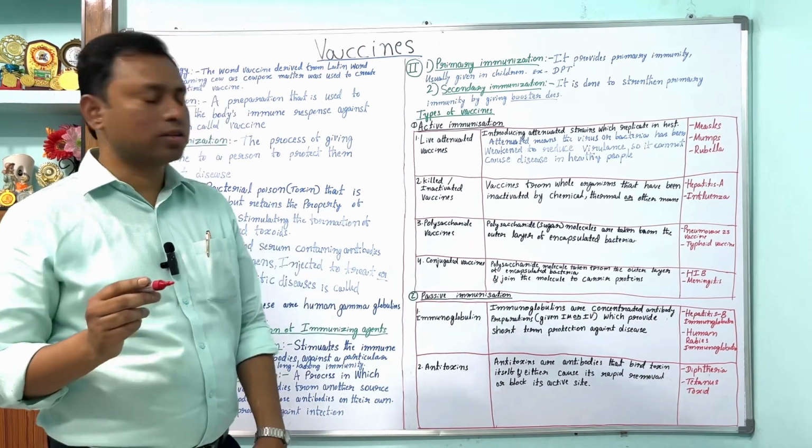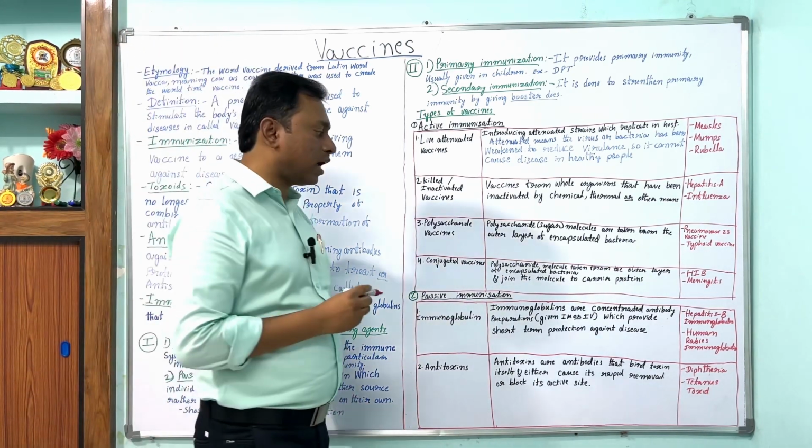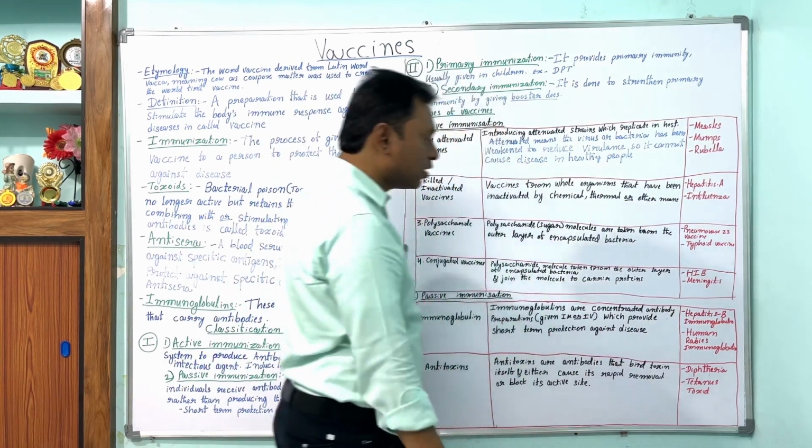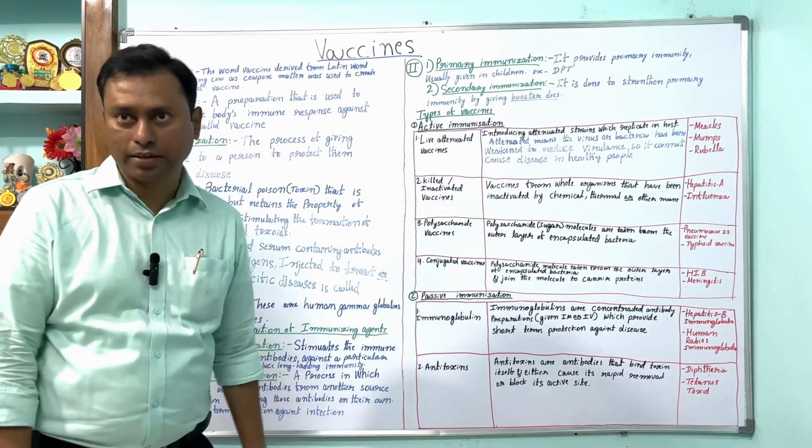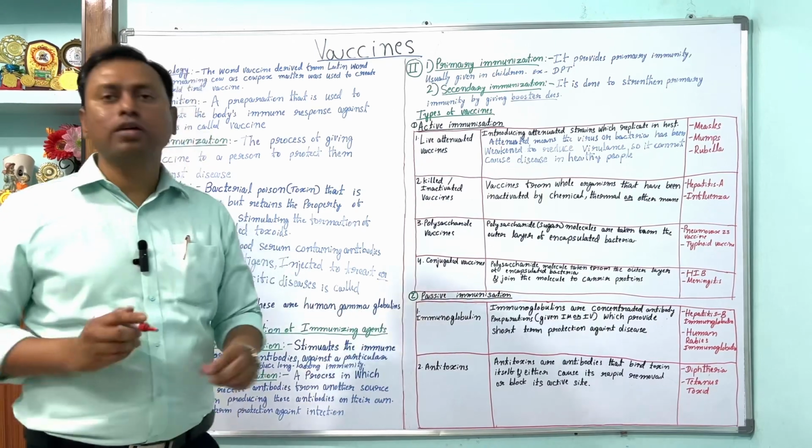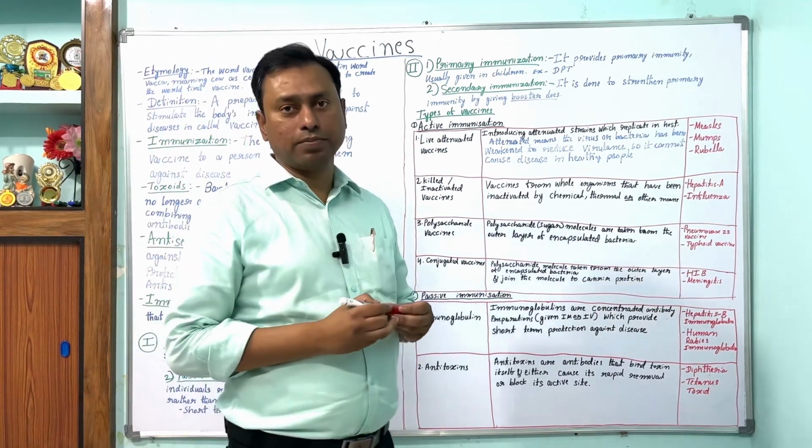Very common examples are diphtheria and tetanus antitoxins. Okay, this is about passive immunization.